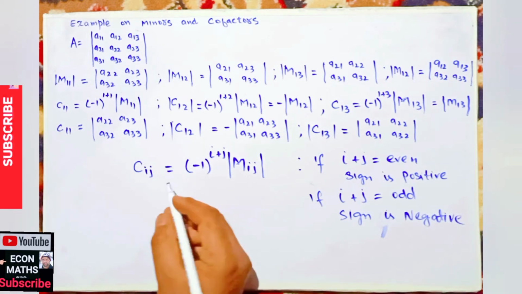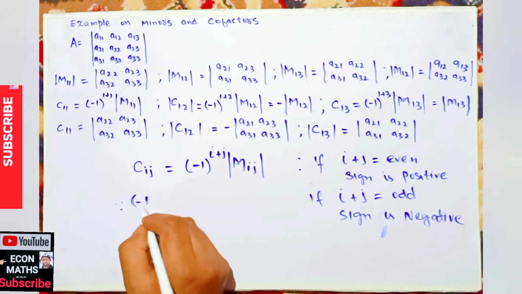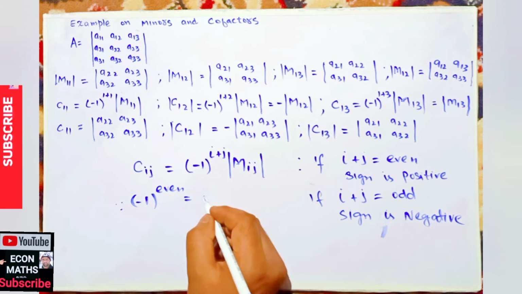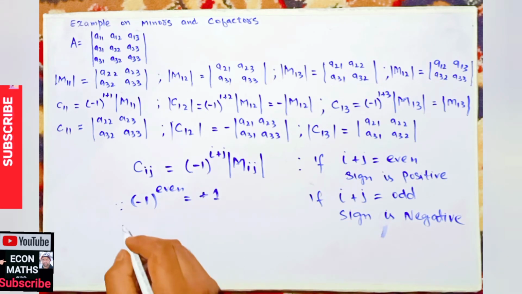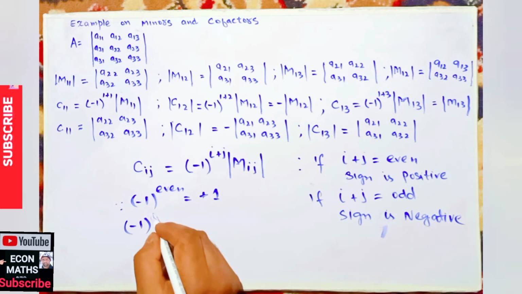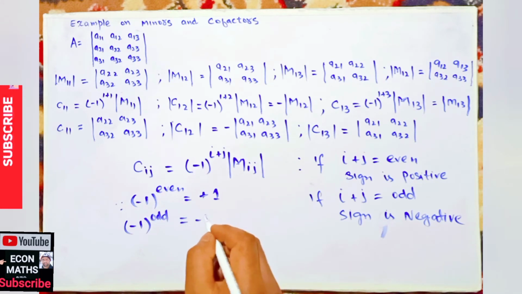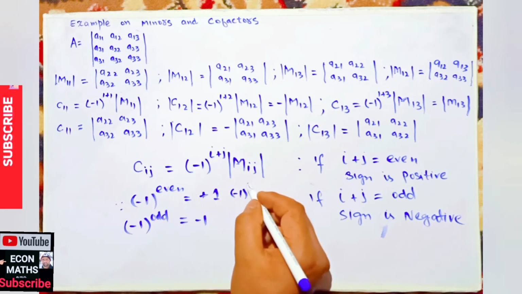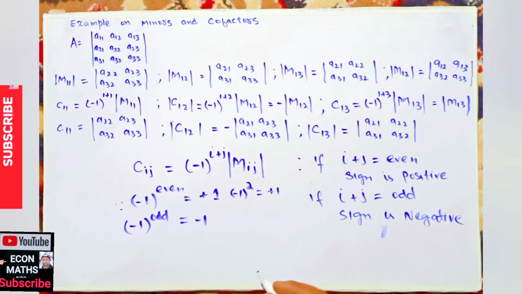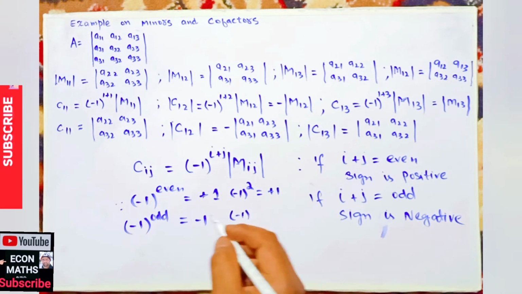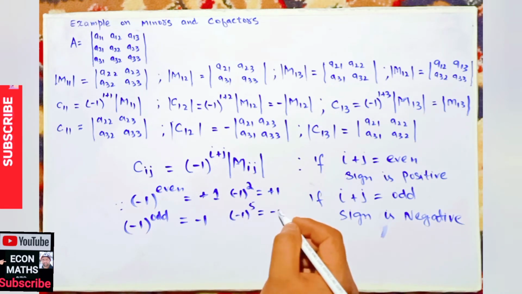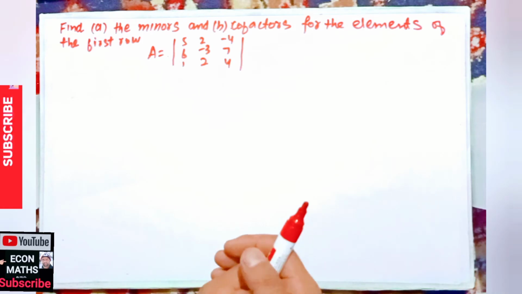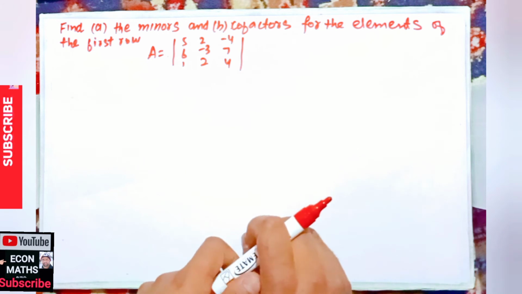Why? Because -1 raised to an even power is always plus 1, and -1 raised to an odd power is minus 1. Here we can see, if I have -1 raised to an even power, that is 2, this will become plus 1, and -1 raised to an odd power, let us say 5, this will become minus 1.